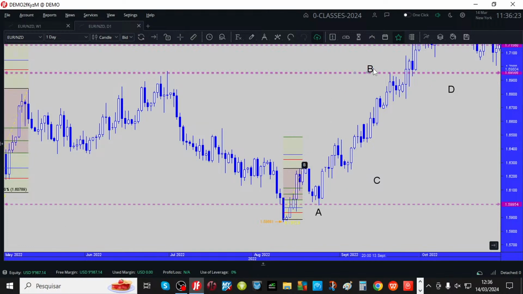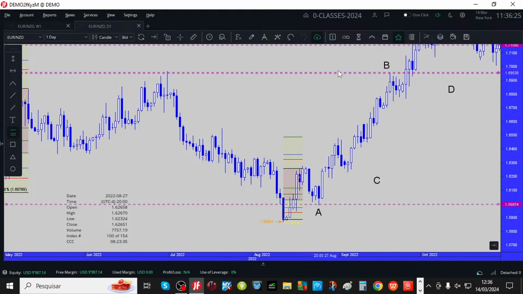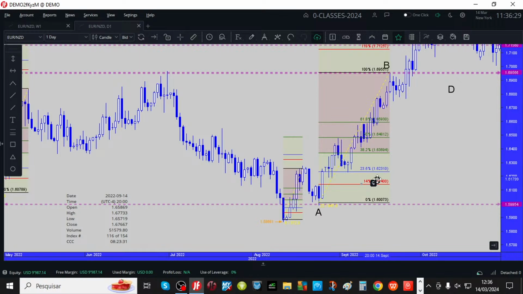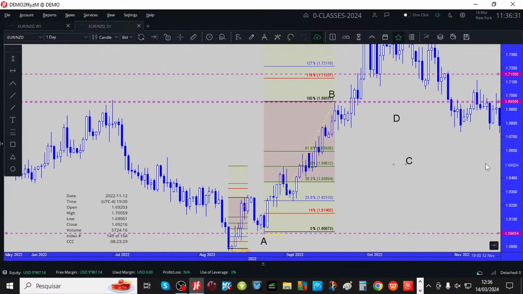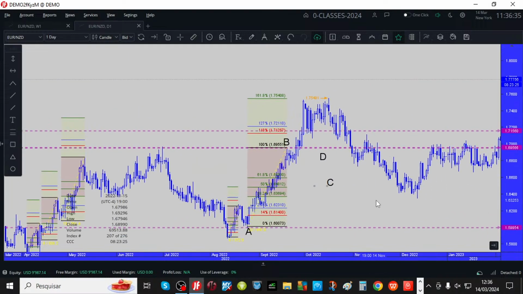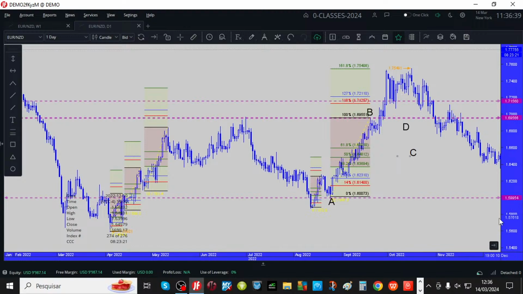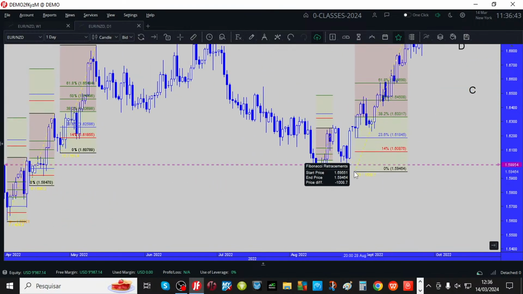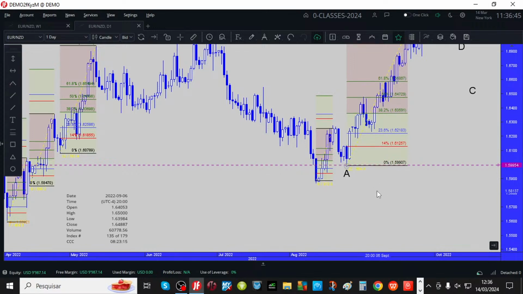That's the B. New Fibonacci sequence from B to A. And moving forward. Give it a second, everybody. Fibonacci is very precise, so there you go.